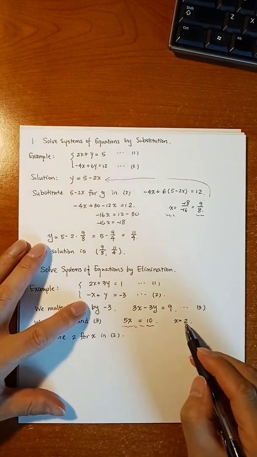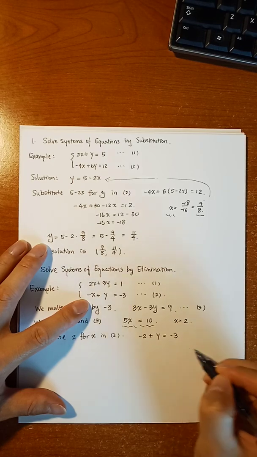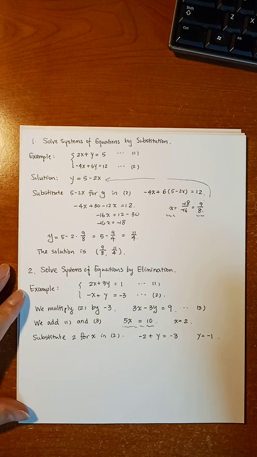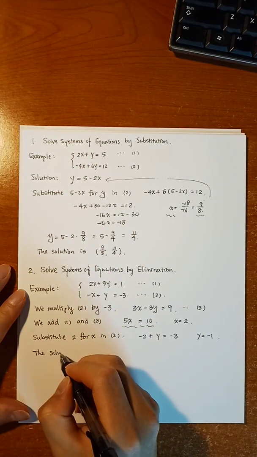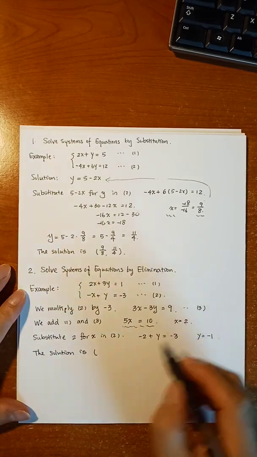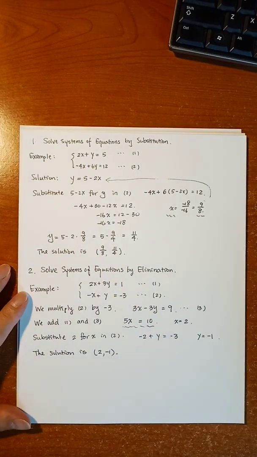So you will get negative 2 plus y is negative 3. So y is negative 1. Okay? So the solution is (x, y) equals (2, negative 1).